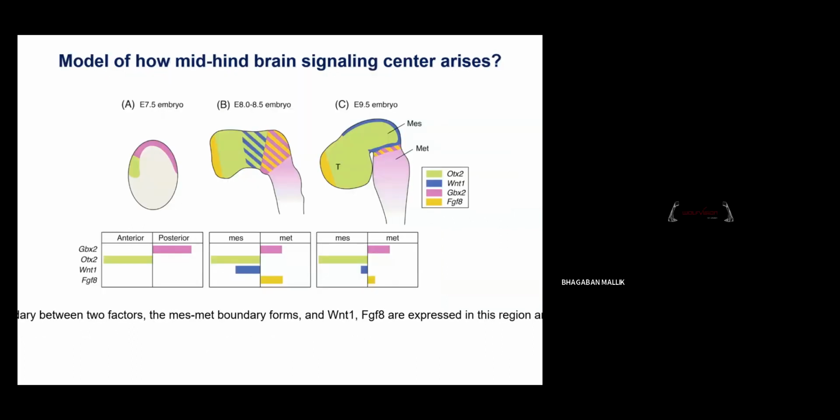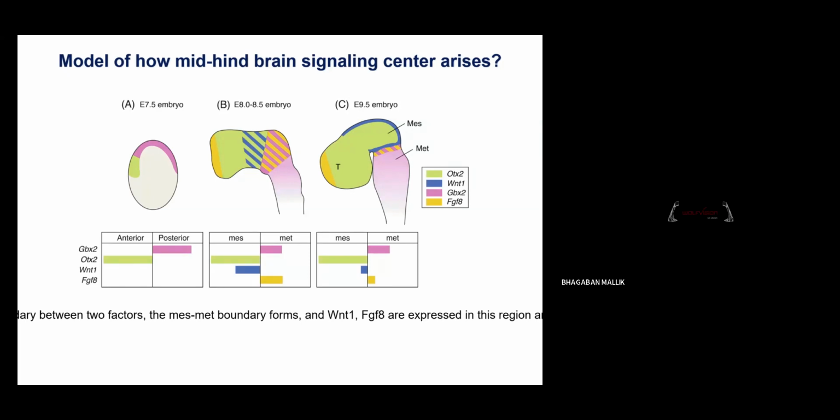So now, if I summarize this organizing center in the model, this is a simple model represented here. These are different stages of embryo development in the mouse: the early stage like E7.5, then the mid stage 8.0 to 8.5, and this is the later 9.5 embryo.